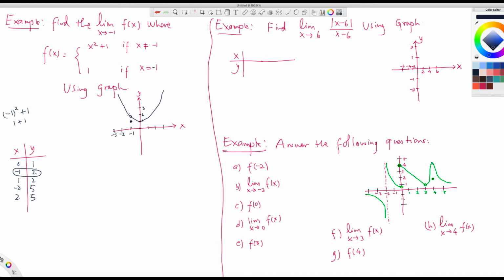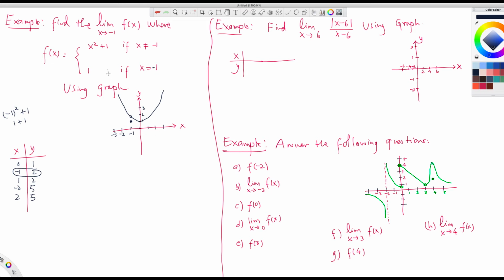That's why I have an open circle there. And then the closed circle is the functional value. At -1, the value is 1. But all other points except -1, it is that parabola y equals x squared plus 1. That's why I made a small hole there. And instead, this is the point at -1. The y value is +1. This is what the graph looks like.